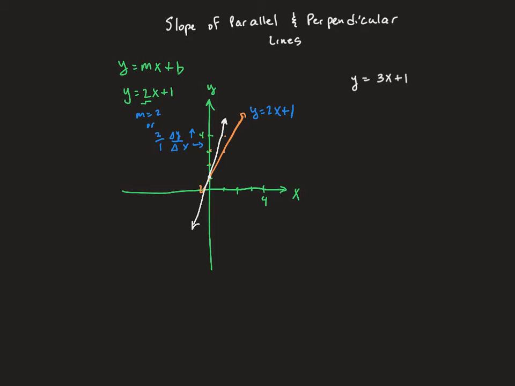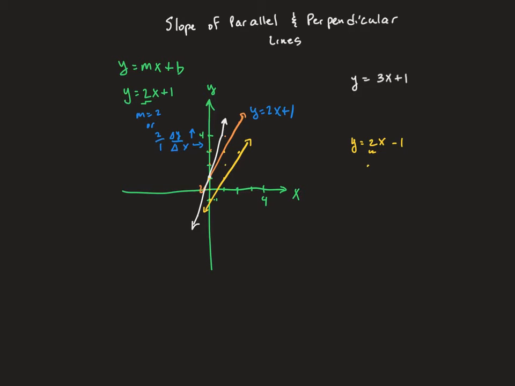But if I graph y equals 2x minus 1, it's going to have a y-intercept of negative 1, and then I'm going to go up 2 over 1, up 2 over 1, and that line is going to run parallel.